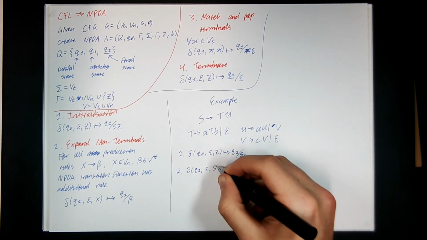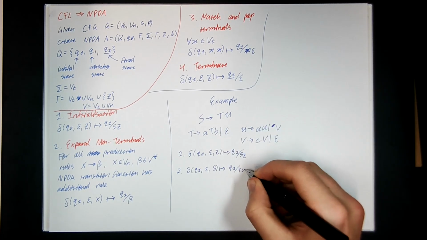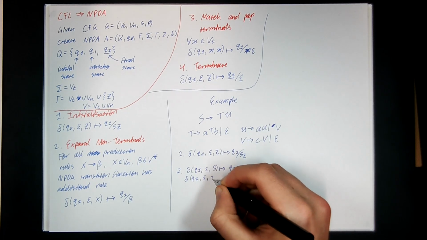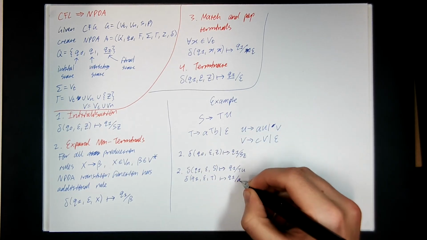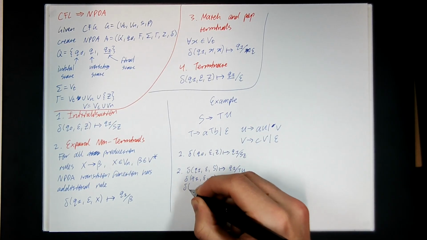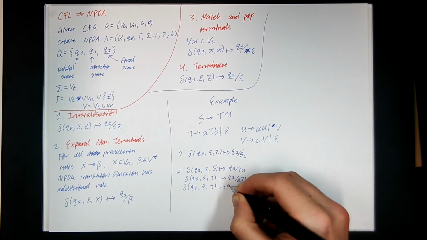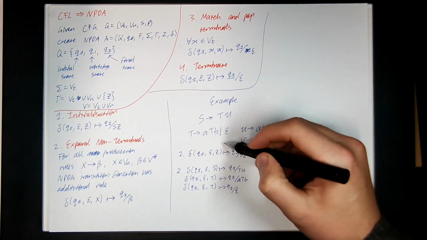If I see an S, I consume the S and push TU. Okay, and we keep cranking them out. If I see a T, I'm going to pop the T and push ATB. I could also, if I wanted to, seeing a T, decide to push epsilon instead, right?